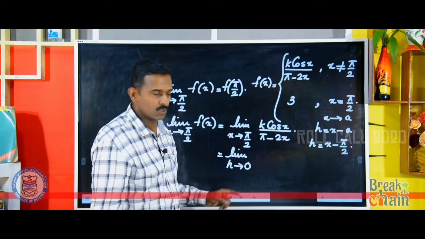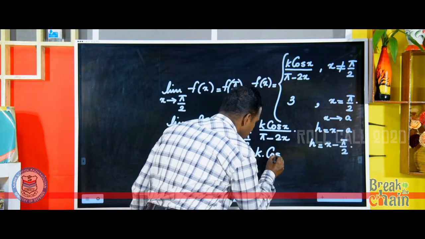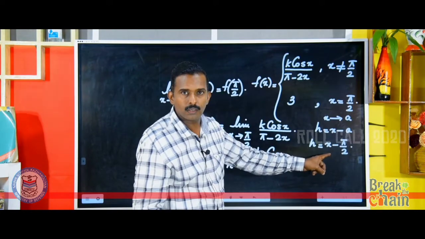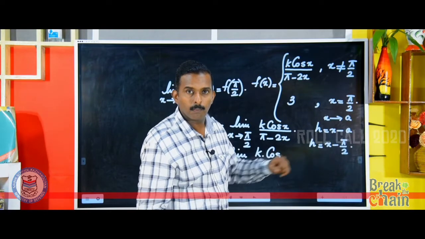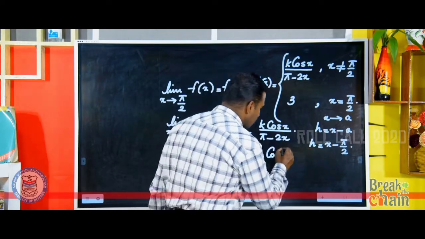Limit h tends to 0, k into cos, what is x from this one? x equal to pi by 2 plus h, that will get substituted.